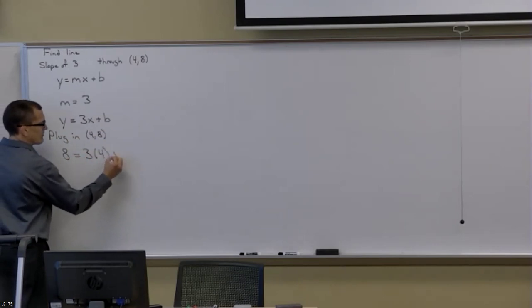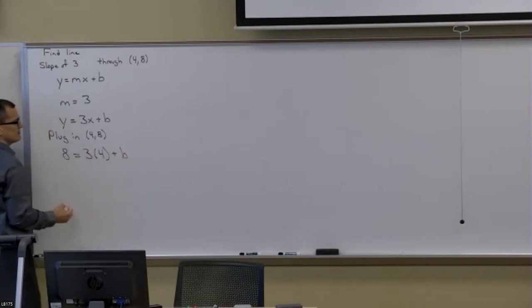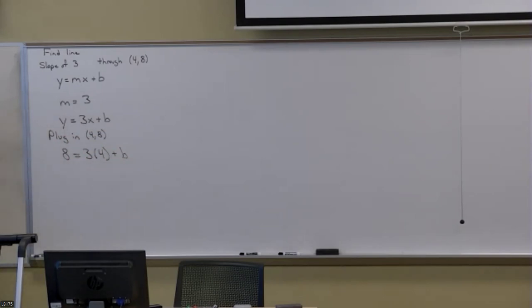The only thing to be careful of really here is make sure you plug in the 4 into the x value and the 8 into the y value. So I can plug in 4 and 8 because I know that makes the equation true. And now I have an equation with only the value of b as a variable.